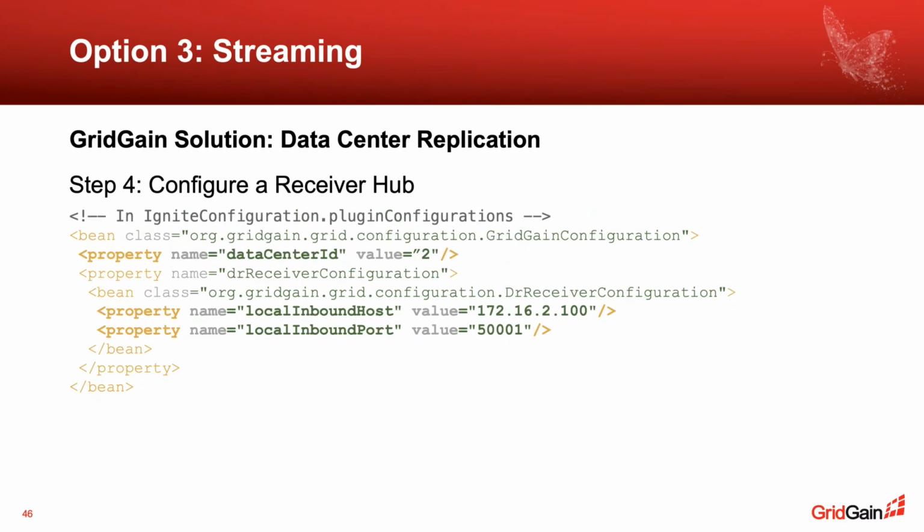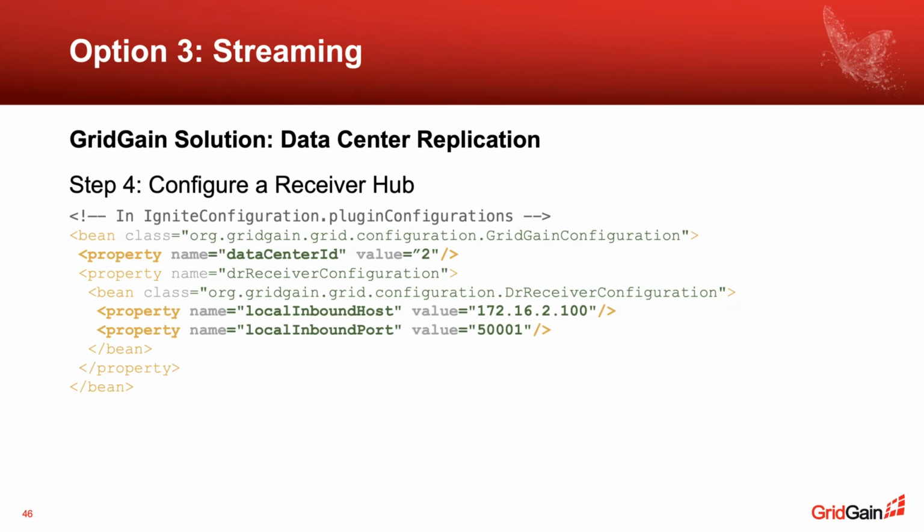Same as the sender hub is a node on the primary cluster which sends the updates, the receiver hub is a node on the secondary cluster which receives the updates. The receiver hub also has a data center ID and a local address specified as a host and port, which we have specified on the sender as well previously.